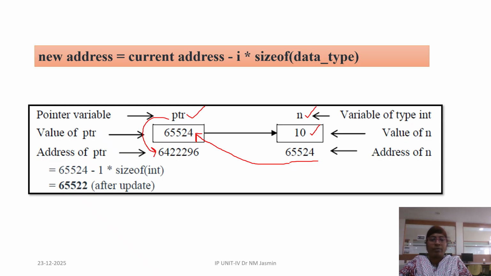Now to calculate the new address, take the current address, that is minus 1 asterisk size of an integer. I told you that it is a 32-bit architecture, so the integer size is 2 bytes. So if you subtract 2 into 1 from this, you will get this address after update.